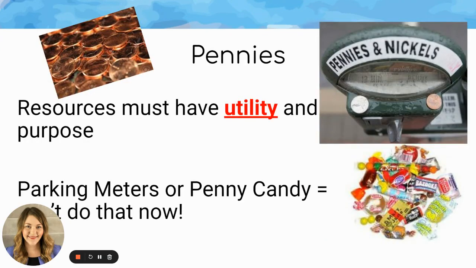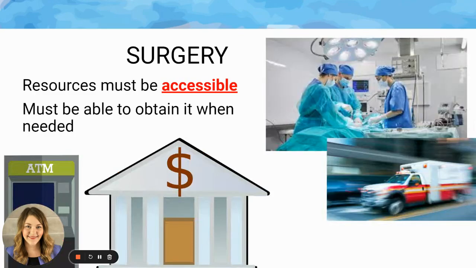I don't know if you remember it because I don't even remember it, but there was a time when they had parking meters that pennies and nickels could fund your parking for the day. Now we have apps and things like that that we have to use. But resources must have a utility and purpose. People will pass by pennies all the time because they can't really do anything with one penny. So they have less of a purpose or utility in our society.